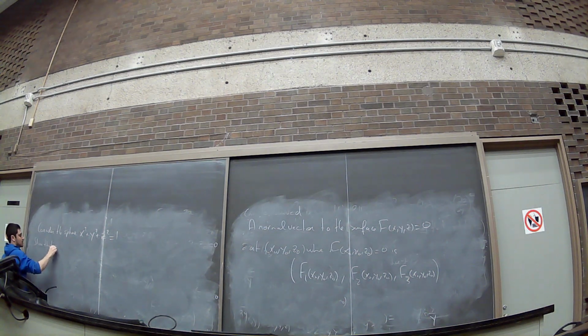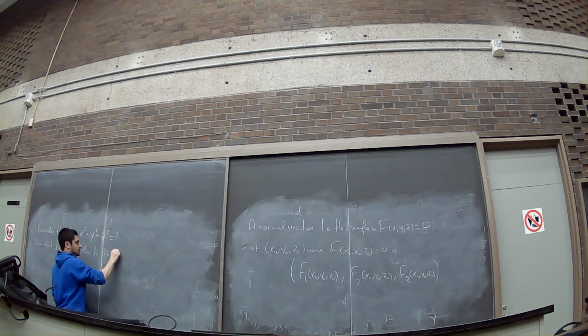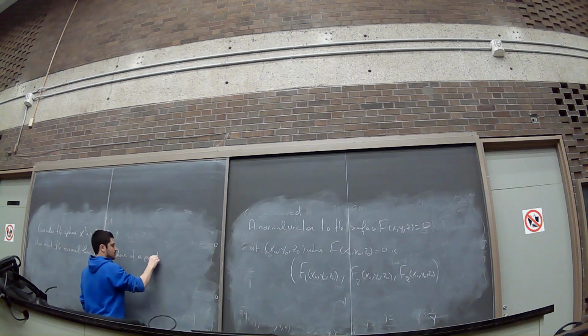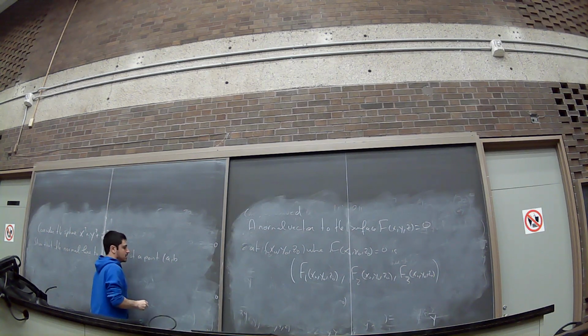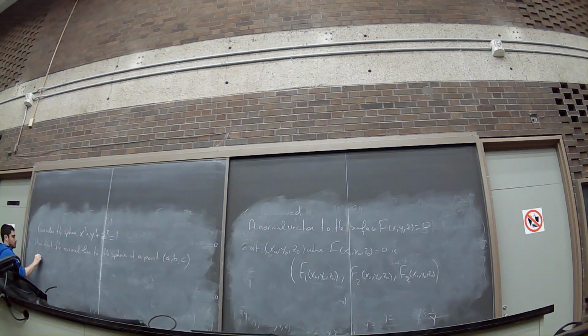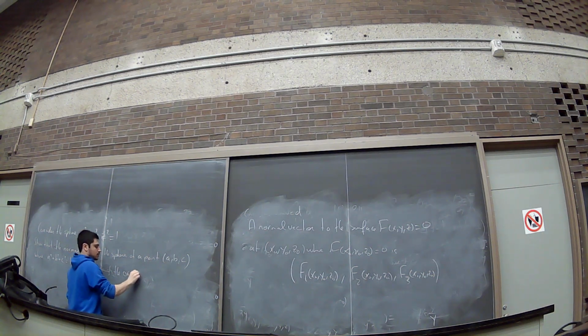Show that the normal line to the sphere at a point A, B, C, where A squared plus B squared plus C squared is equal to 1, passes through the origin.